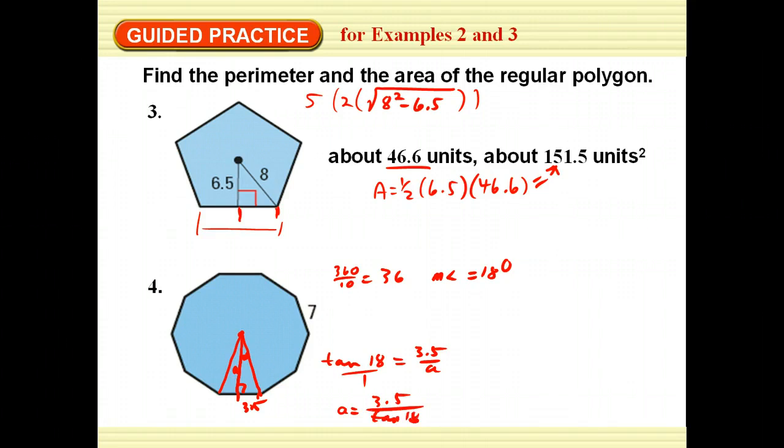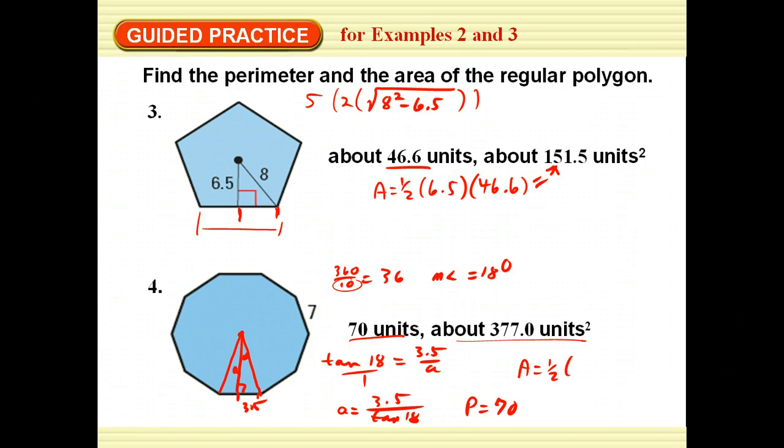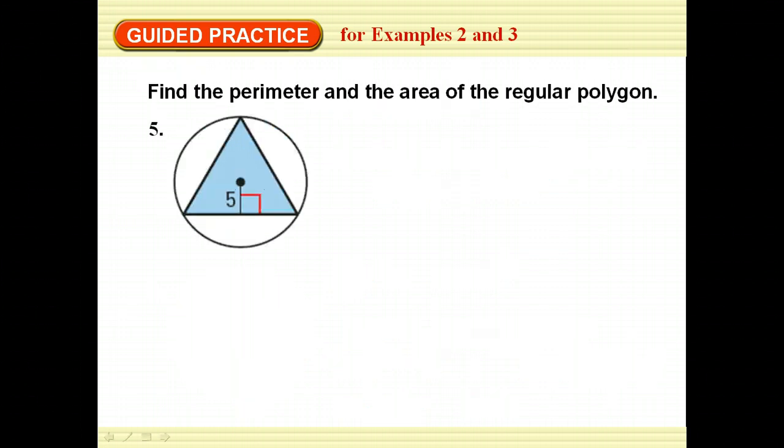My perimeter, remember we had 10 sides, 10 times 7 is 70. So when I plug in, my perimeter is 70, and my area is equal to 1/2 of the apothem, 3.5 over tangent of 18, times the perimeter, which is 70. That gives me my 377.